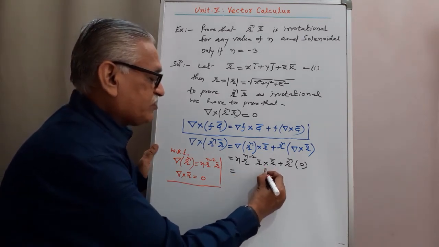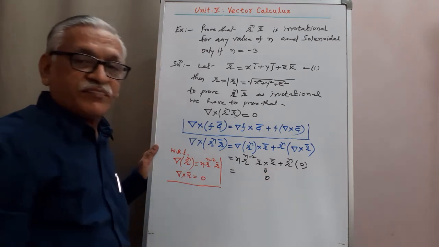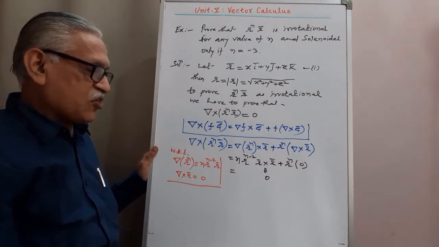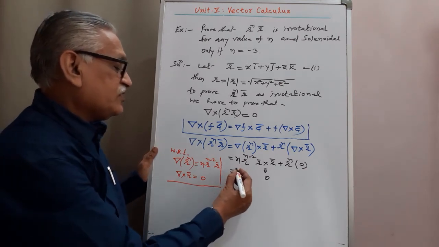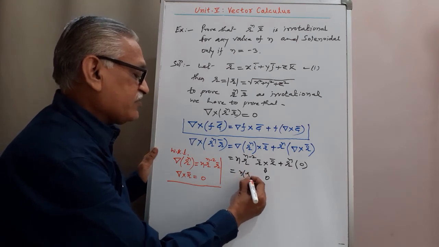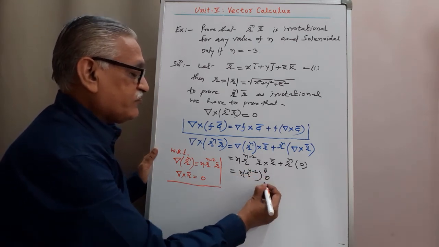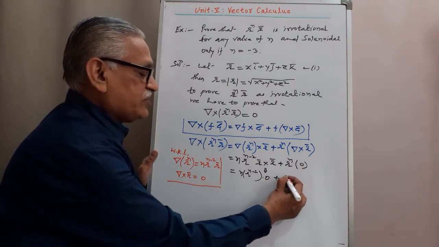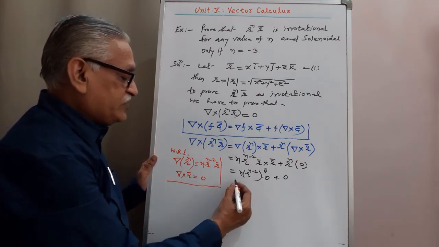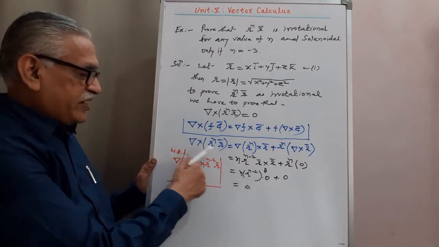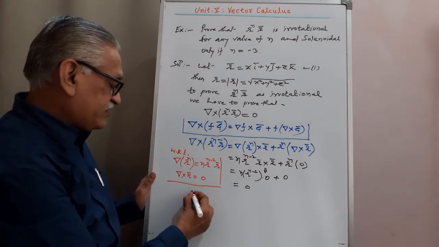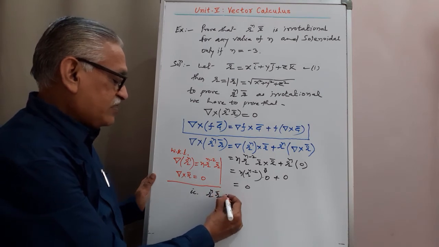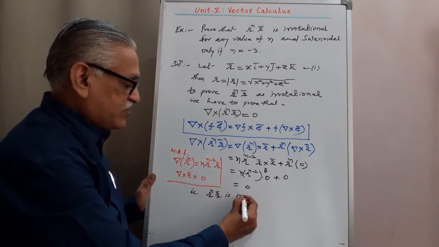Therefore, the value of this term is 0. Therefore, 0 multiplied by this term, n r raised to n minus 2, plus 0 into this term, we get 0. 0 multiplied by any term, we get 0. Means we are getting curl of that function as 0. That is, r raised to n into r bar is irrotational.